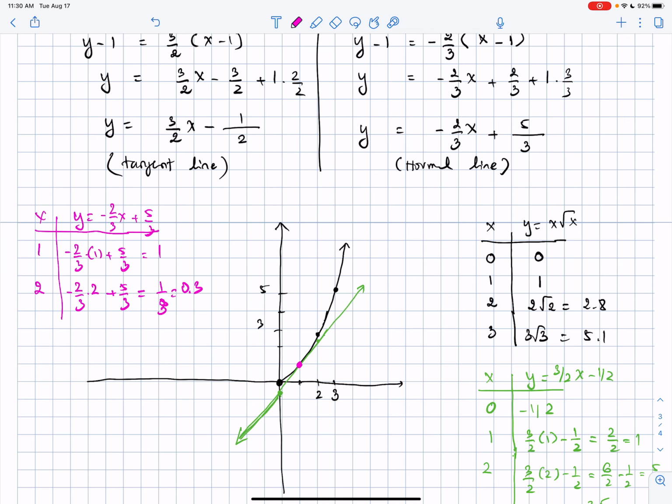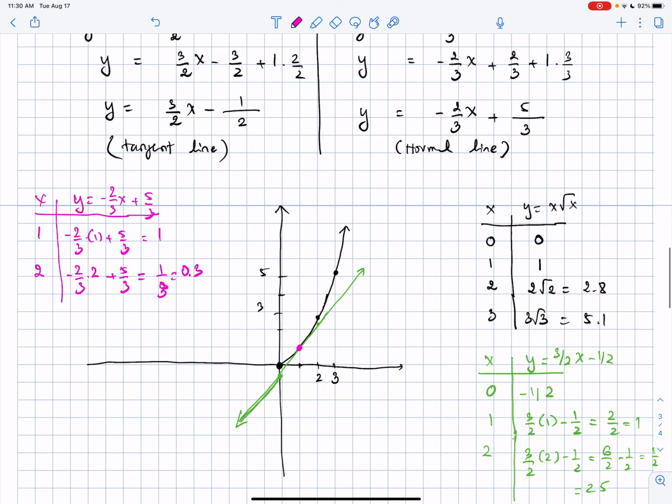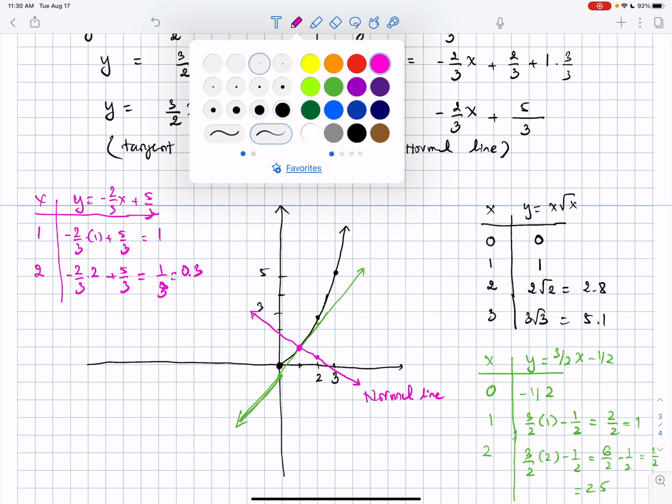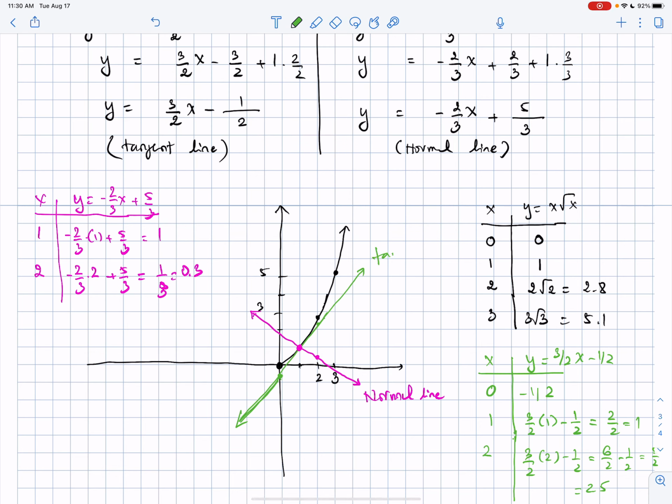So 2, 0.33. And then we connect these 2 points and extend. So what we see is that the normal line and the tangent line are perpendicular to each other, right? And also the normal line is perpendicular to the curve at the point 1, 1.